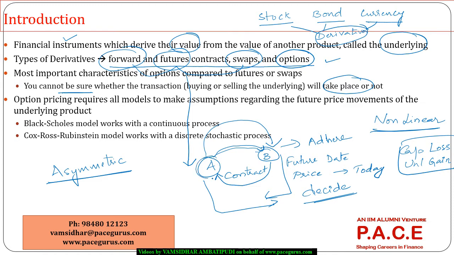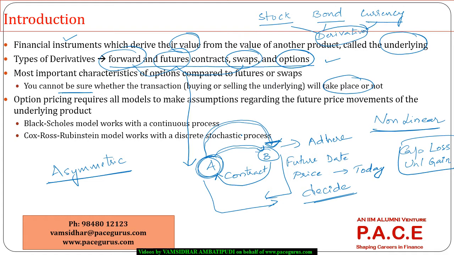So if A wants to take the option, A will pay a premium to B in the beginning of the contract. So that extra payment that is done by A to B is primarily towards B giving an extra facility to A to decide whether he wants to go ahead with the contract or expire the contract, because here B does not have the option. B is obligated, whereas B is giving an option to A by taking a premium in the beginning.